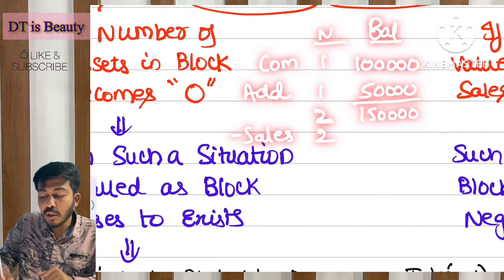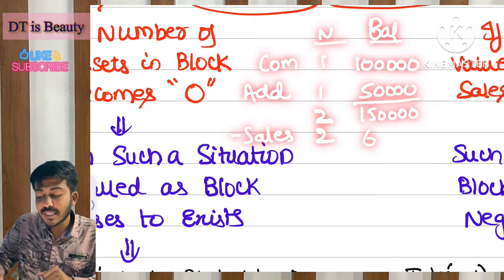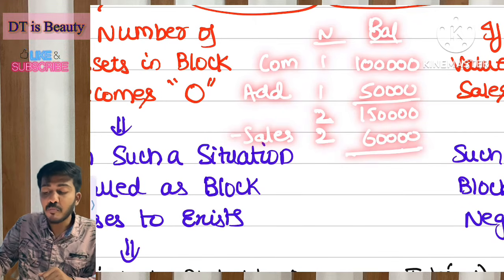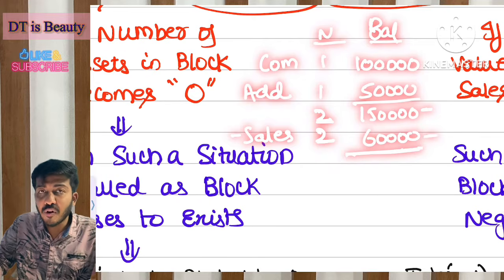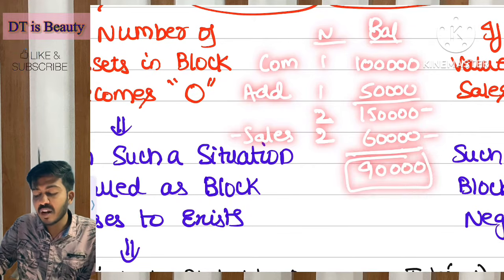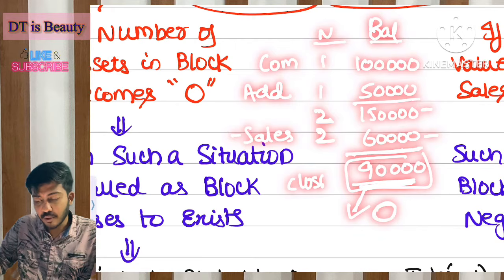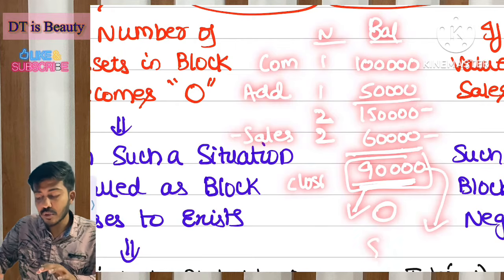I sold all the 2 assets for 60,000. My block worth is 1,50,000, but I am selling it just for 60,000, which means a 90,000 positive number is the closing WDV. But you should never write 90,000 as WDV. You should forcefully mark it as 0. This 90,000 is called short-term capital loss.